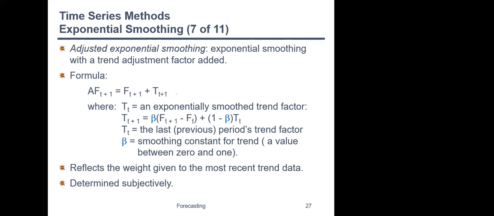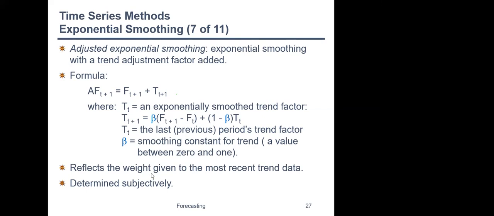That's the exponentially smoothed trend factor there. Now remember, the T(T) you see here is the last or the previous period trend factor. The beta there is the smoothing constant for the trend, and usually it's between 0 and 1.